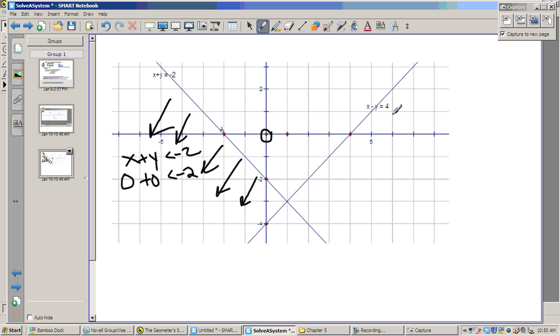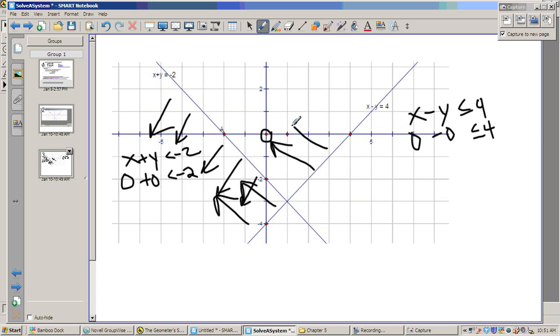I'm going to do the same thing for x minus y is less than or equal to 4, which, if you remember, was the equation for that one. I'll pick the same test point, 0, 0. Is it true that 0 minus 0 is less than or equal to 4? Yes, this time it is true. So I would shade everything on the side of that line where the 0, 0 is.